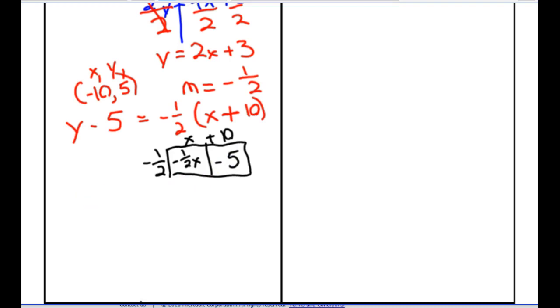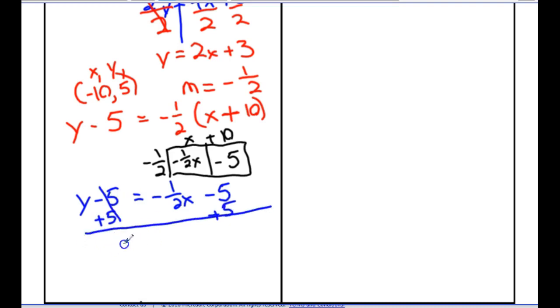So then what we're left with is y minus 5 equals negative 1/2 x minus 5. Now to get y by itself, we need to add 5 and add 5. So we get y equals negative 1/2 x. Negative 5 plus 5 gives us 0. So negative 1/2 x plus 0.